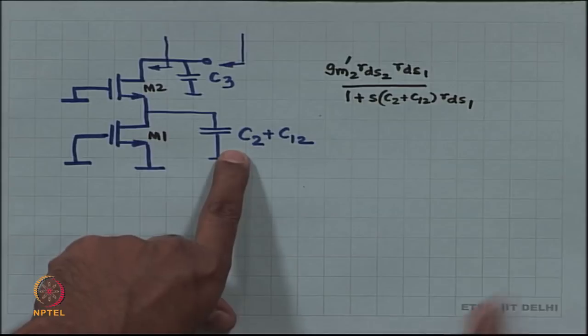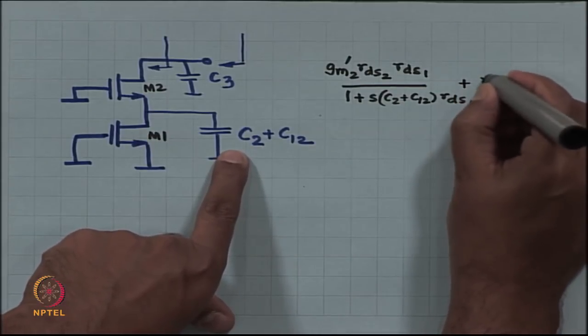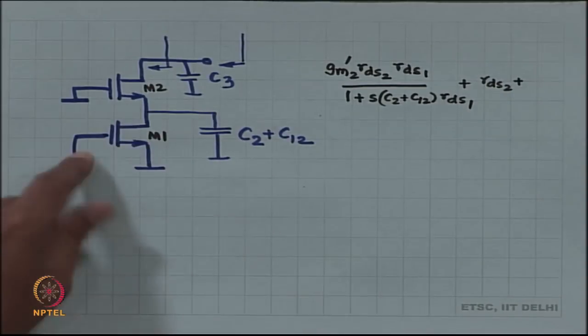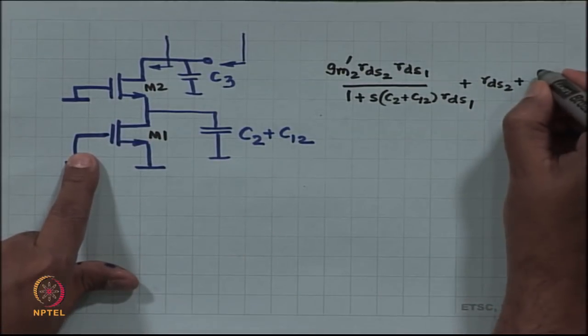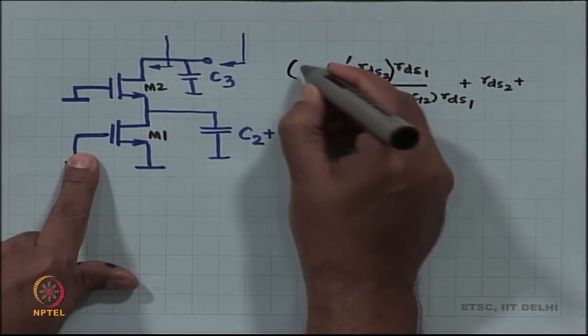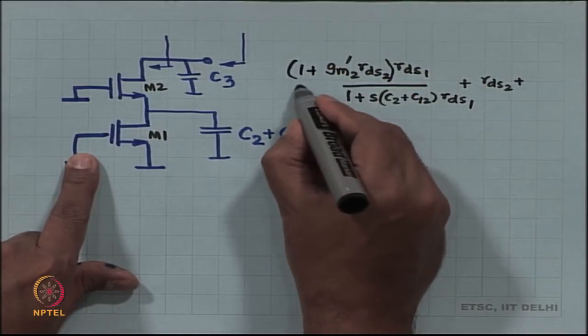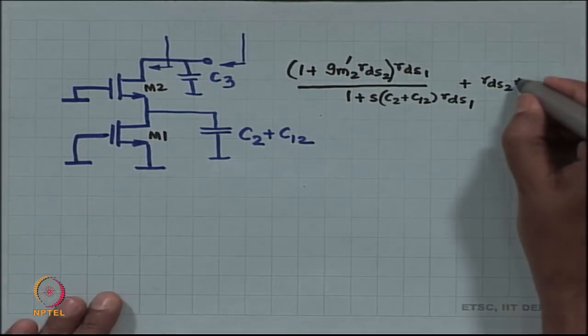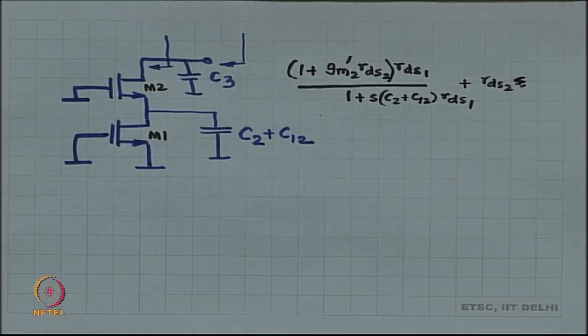This is the first term plus RDS2 plus whatever is on the source. Okay. Is this done?